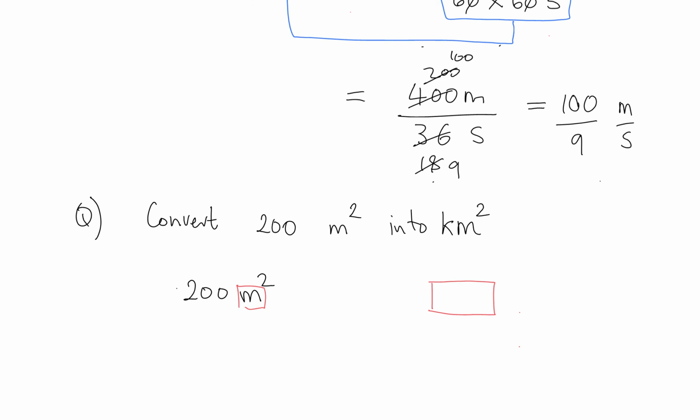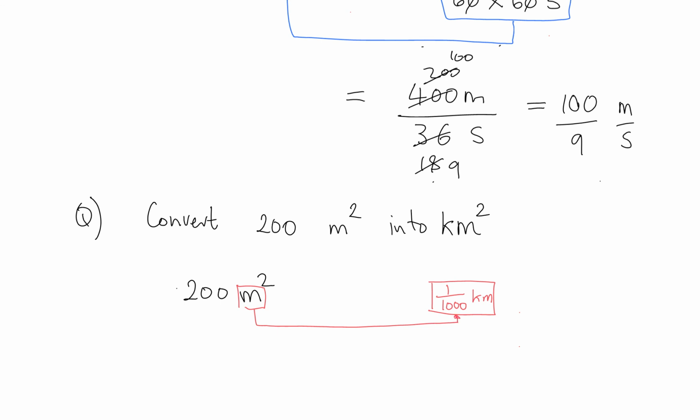Well, a metre is, you know, half the length of yourself. A kilometre is obviously much, much longer. So there are 1,000 metres in a kilometre. So this must be 1,000ths of a kilometre. Okay, so 1 metre is 1,000th of a kilometre.